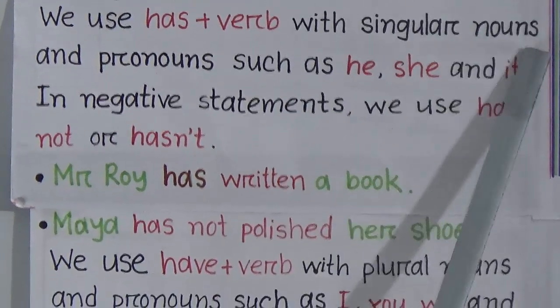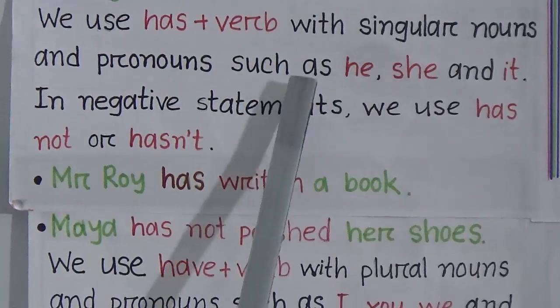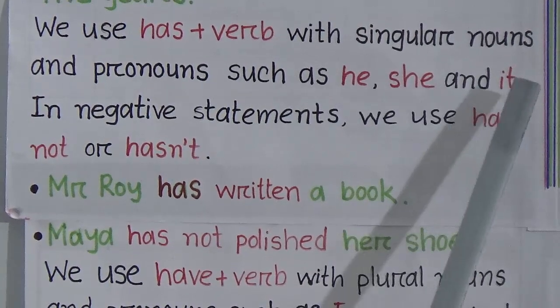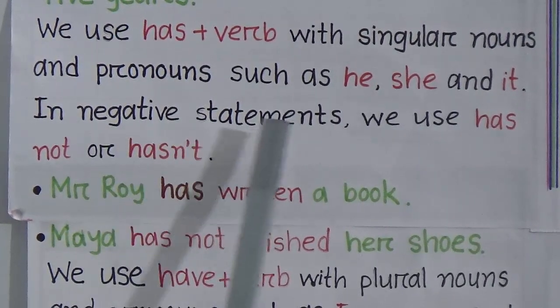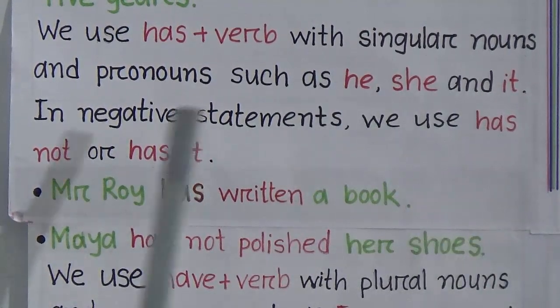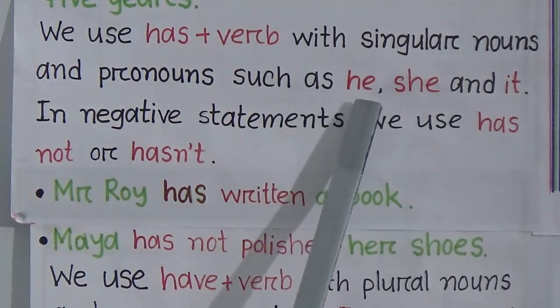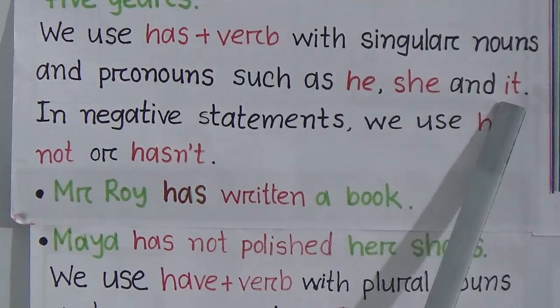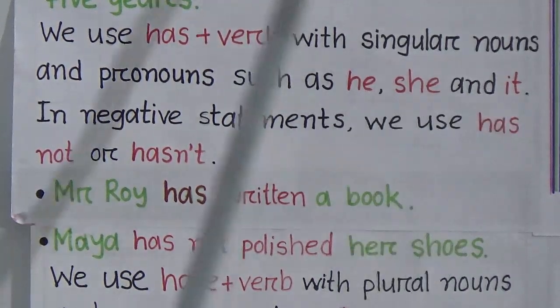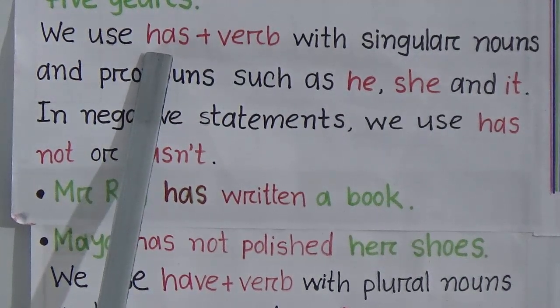We use has plus verb with singular nouns and pronouns such as he, she and it. In negative statements, we use has not or hasn't. Students, when we find the subject he, she or it, we must use has as the verb.